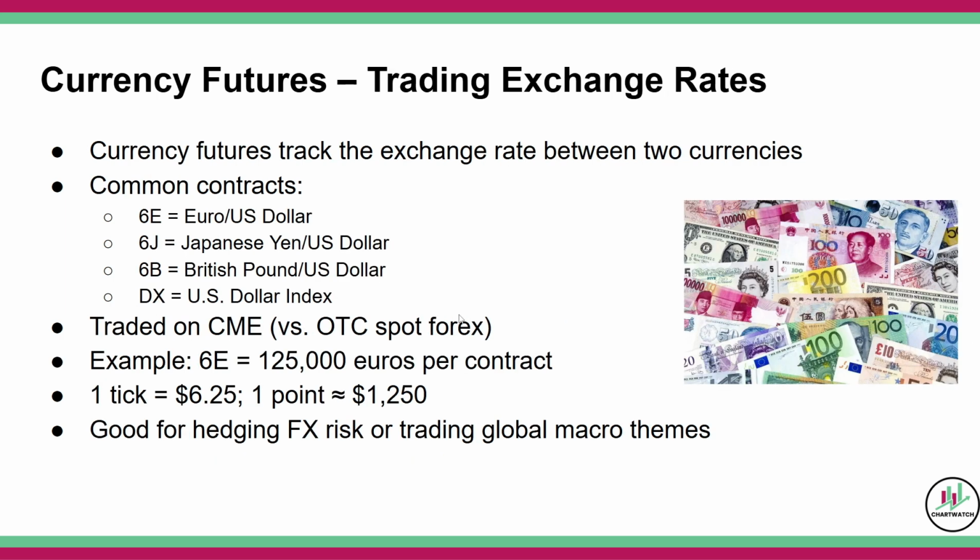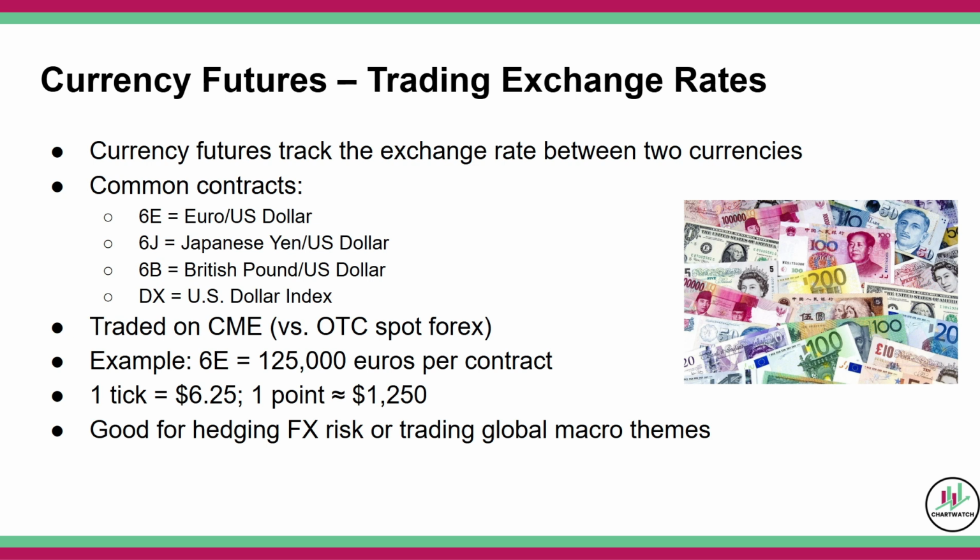Another major group of futures contracts focuses on currencies. These let traders and businesses gain exposure to exchange rate movements. These are called currency futures, and they track the value of one currency against another. This could be the euro against the US dollar or the Japanese yen against the dollar.